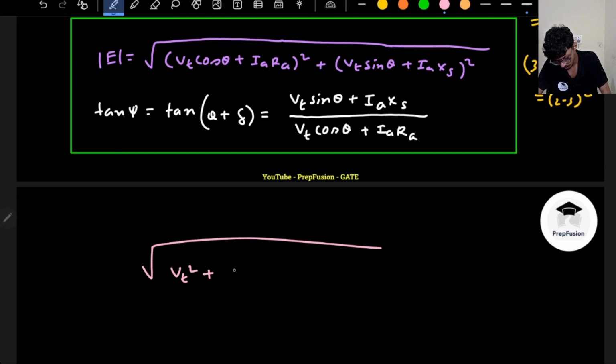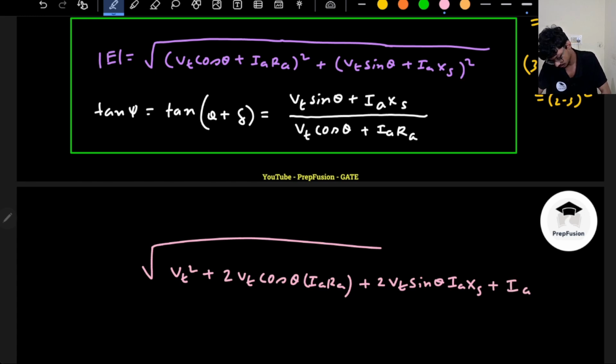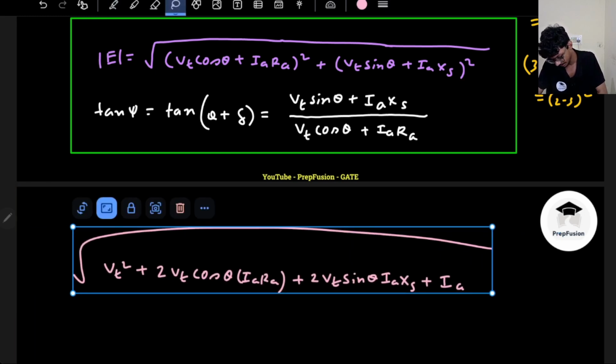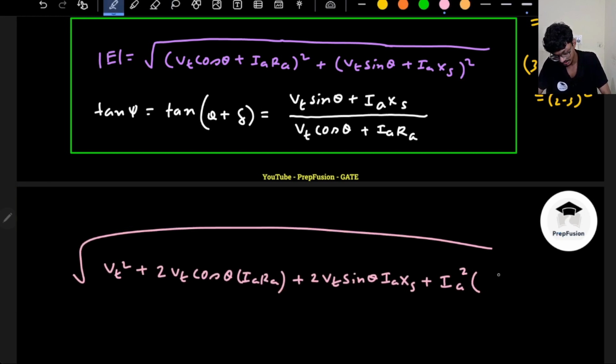Plus 2 Vt cos theta into Ia Ra, plus 2 Vt sin theta into Ia Xs, plus Ia square into (Ra square plus Xs square), that is basically Zs whole square.